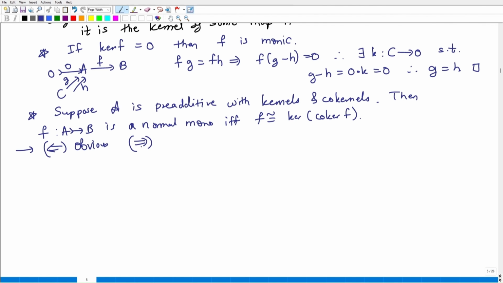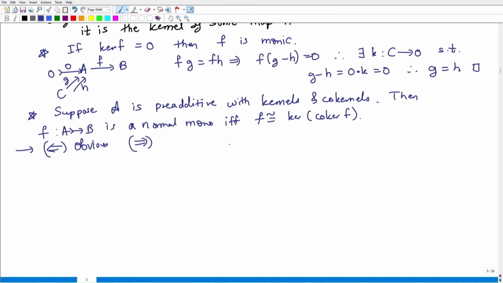So only the forward direction is supposed to be done. Okay, I'm going to draw a diagram now. This is some diagram chasing kind of argument. So please pay attention. If you simply write the final diagram, then you will not understand what I'm doing.